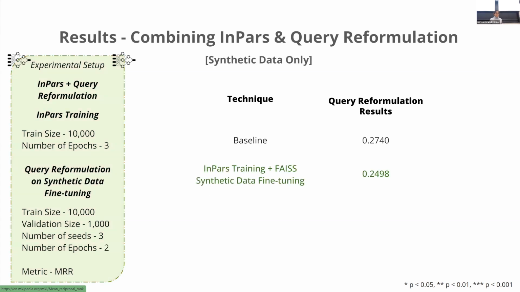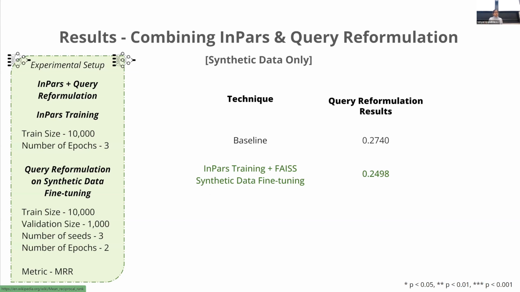The next thing that we try to do is pretty interesting. Up until now, we were using original data, except for the InPars baseline that we saw, where we were only using synthetic data. We thought that we could try a combination of techniques where we were not using any original data again. So over here, we're only using synthetic data. We do the pre-training using the InPars 10,000 synthetic data.